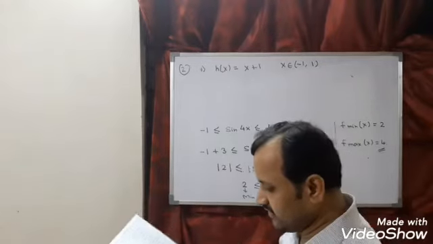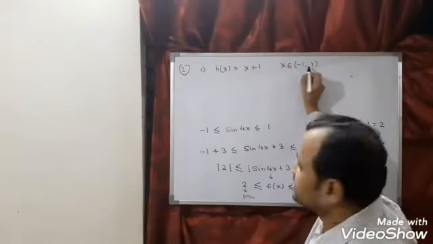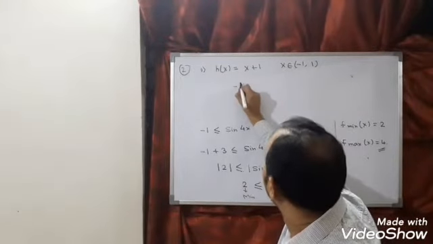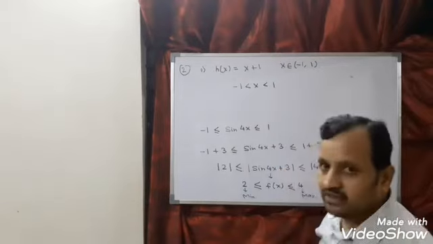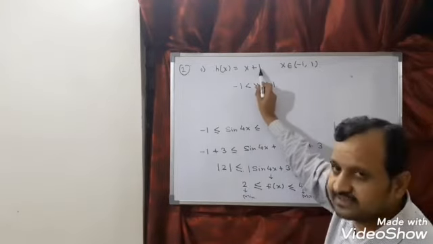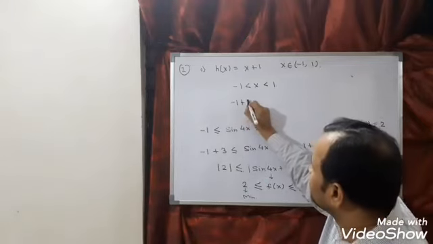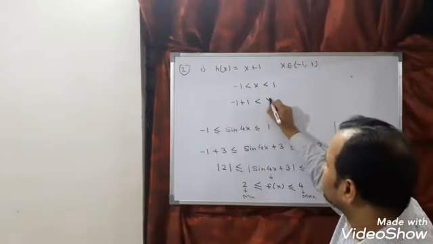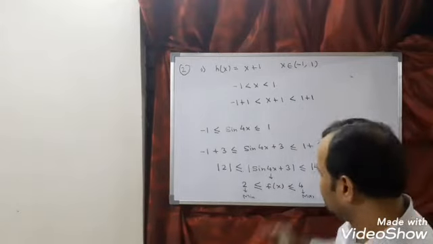The question is find the maximum or minimum value. Now look here. So x belongs to this. That means -1 less than x less than 1. Now what I am doing here is plus 1 is there. Add 1 on both sides. So -1 plus 1 less than x plus 1 less than 1 plus 1.